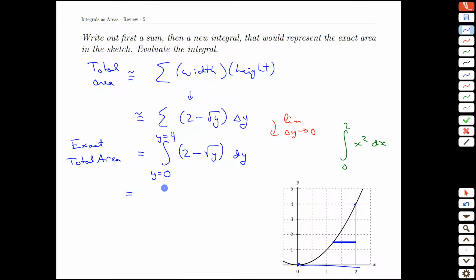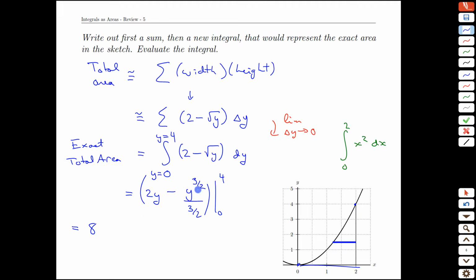If we integrate a 2 by itself and y is our variable, you have to be consistent with your variables here, we're going to get 2y. This is y to the 1/2. When we integrate it, we're going to add 1 to the power. That gives us 3/2. And then we're going to divide by the new power, which is also 3/2. And we'll evaluate that between the points 4 and 0. We then plug in the values.